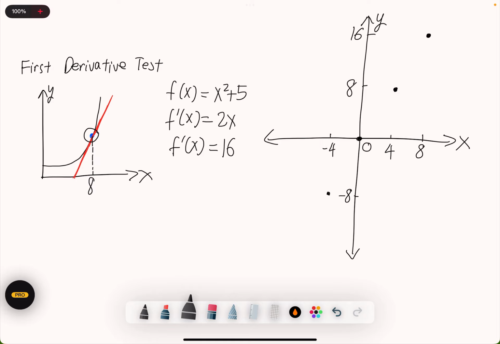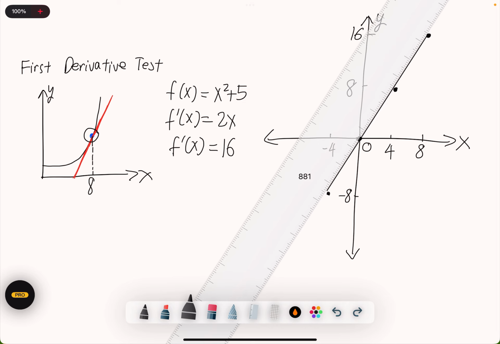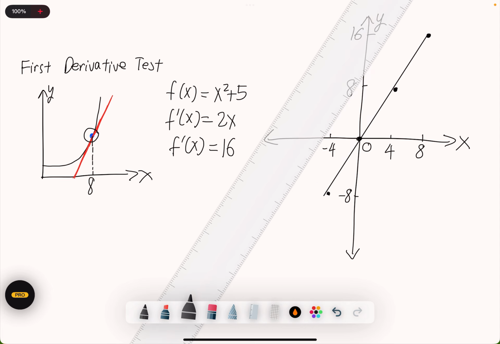etc. So you realize that if you use a ruler to connect all of this together, which let's do that now, you'd get a line. So I know this line doesn't exactly touch all the points, but that's because the points aren't that accurate after all.